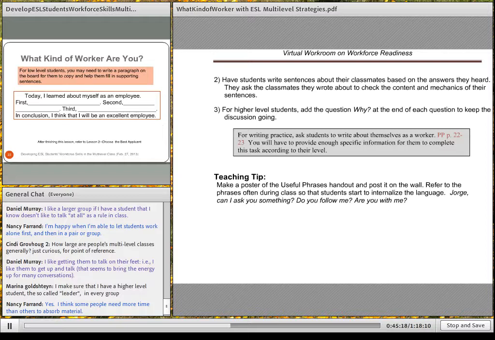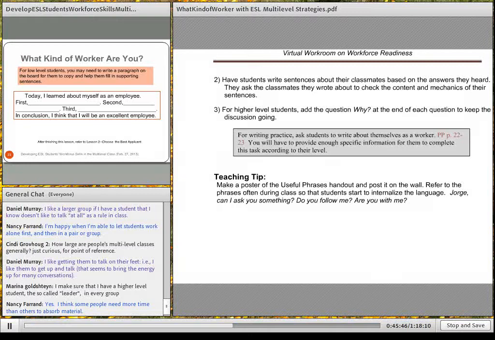So I came over to the other side of the board, and as I put in the pink box here, for lower level students, you may need to write a paragraph on the board from what they tell you and have them copy it and help them fill in supporting sentences. Wow, this was really hard for even my lower level students, which are about beginning high to intermediate low.